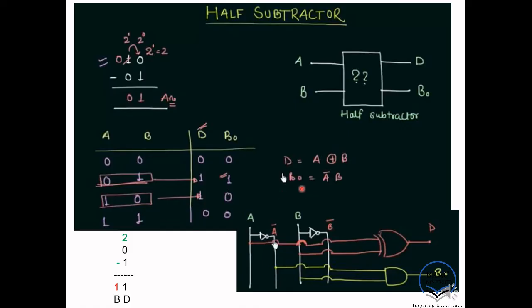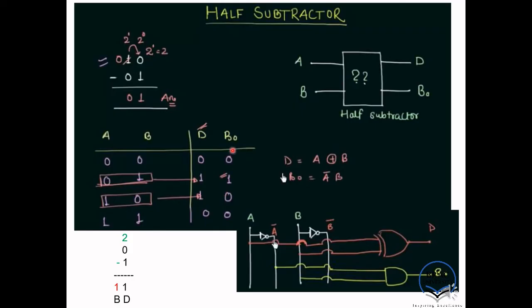Okay, if you find the equation for D and B naught, D becomes 0 when both of the inputs are the same. This is XOR, so A XOR B.